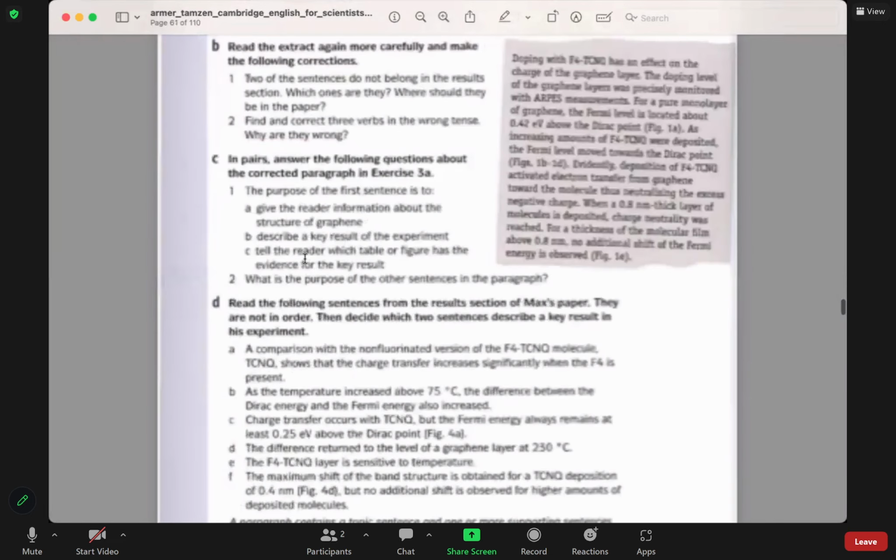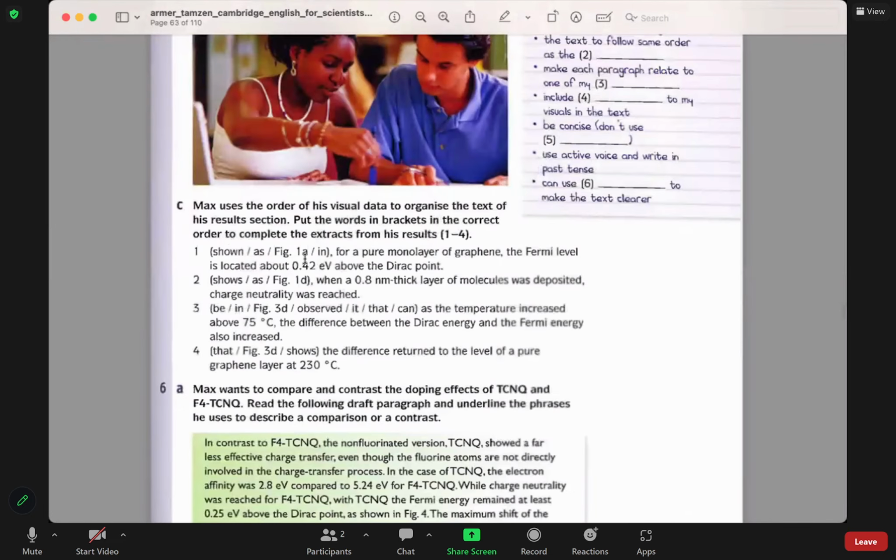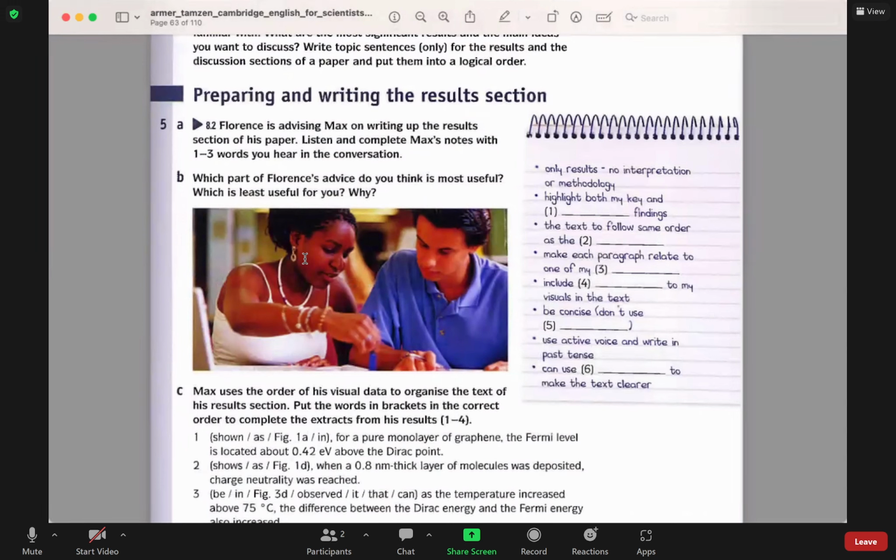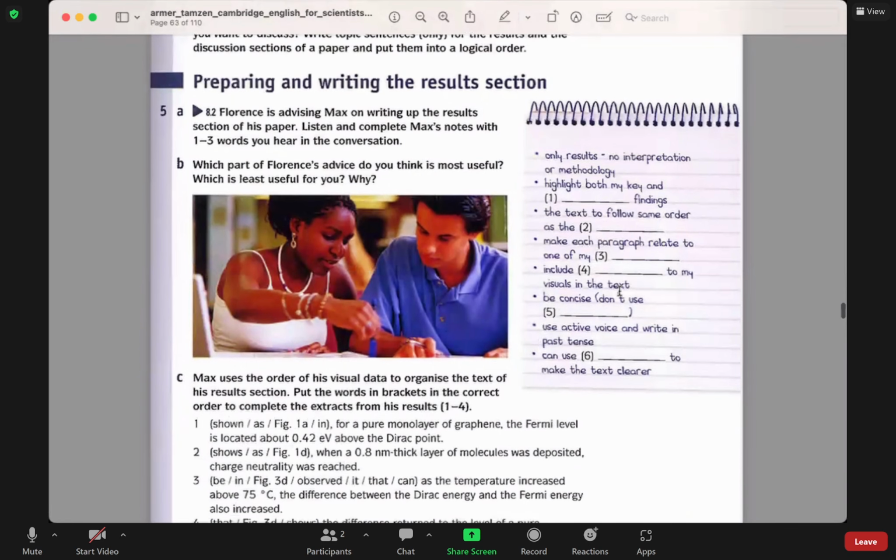Okay. So, listening part about the results section. We will listen to the researchers, future researchers, who are discussing the results part, and a lady is giving some pieces of advice to a man on how to improve the results section of the paper, what is worth using, what is better not to use, and so on.